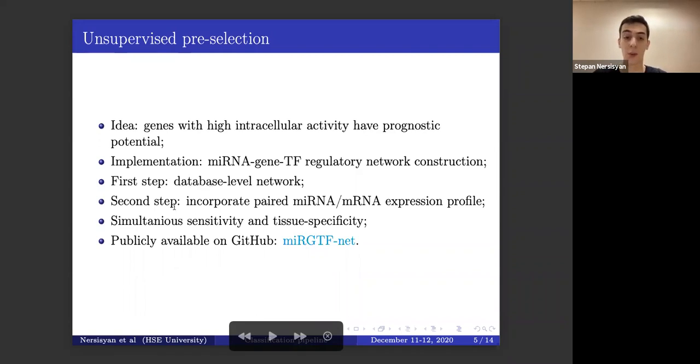And in the second step, we incorporate information about miRNA or mRNA expression in a set of patient tumors. Thus, we can achieve simultaneous sensitivity and tissue specificity. And the source codes of our tool are publicly available on GitHub.